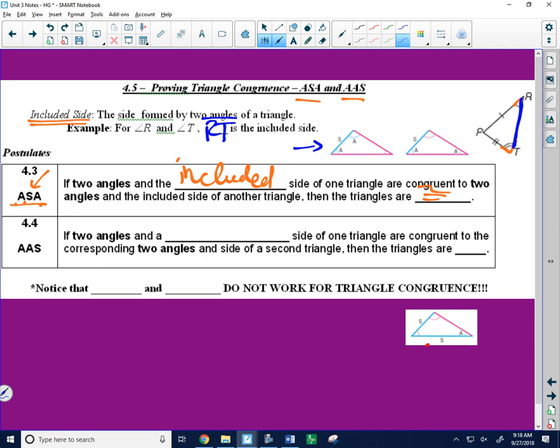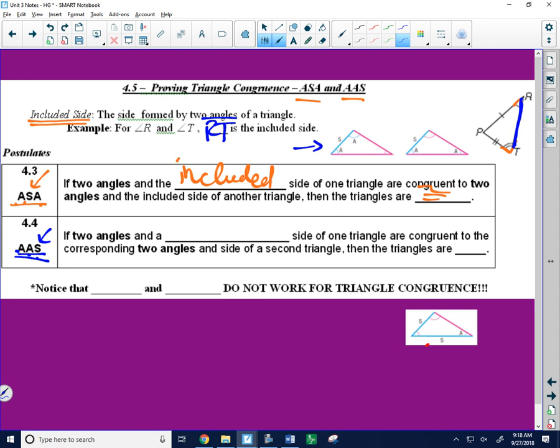Now, if you do not have an included side, it actually still works, but you're going to call it angle angle side. So if you have two angles congruent between triangles and an excluded side, basically a side that's not between the two angles, it still works.